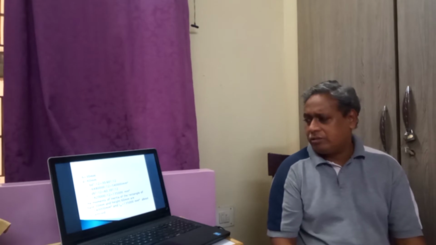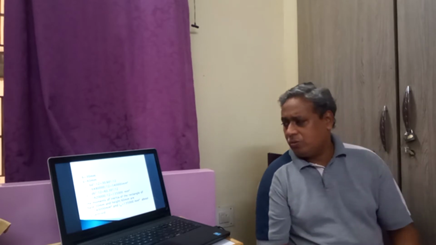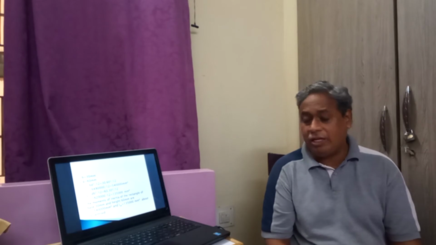Iyy is db cube by 12. That is D is 60 and B is 30 now. So 60 into 30 cube by 12 is 135,000. So here if we observe, Ixx is 4 times Iyy, because the ratio of B and D is 1:2.